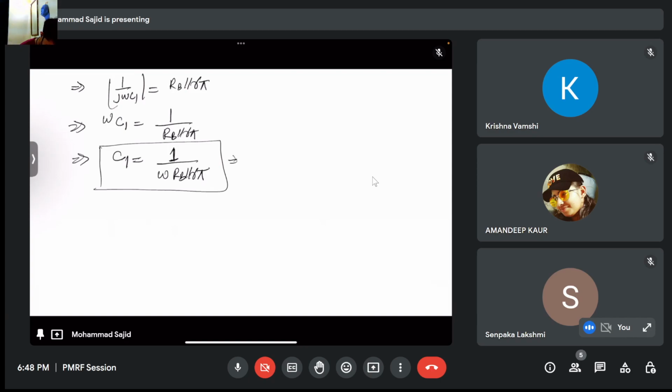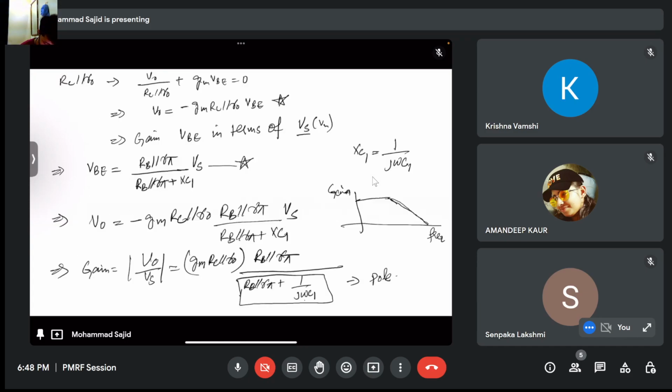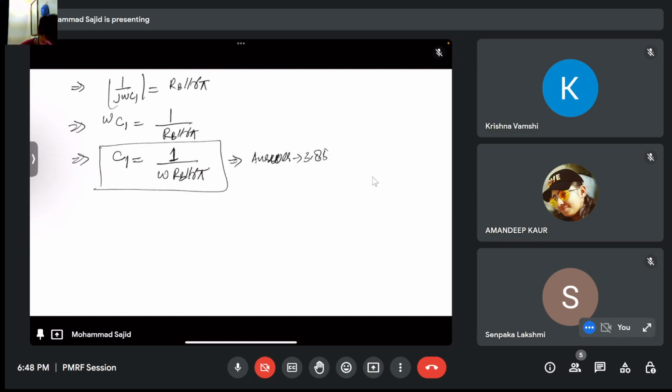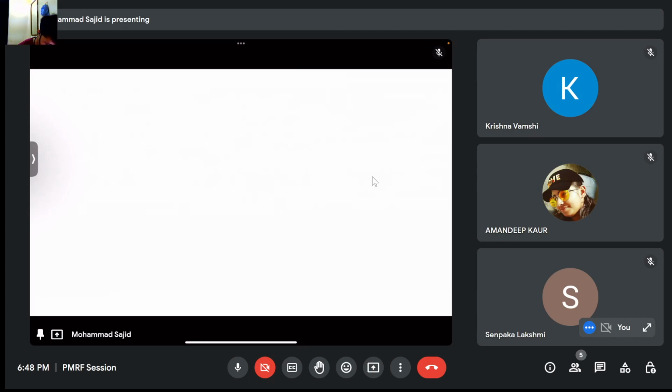So this will give you the answer of 3.85 microfarad order. So this is how you achieve this formula, right? Okay, let's move on.